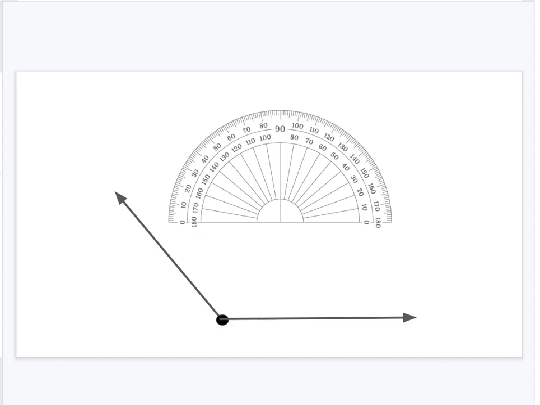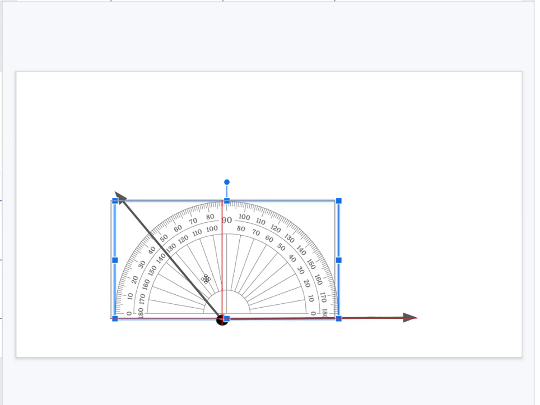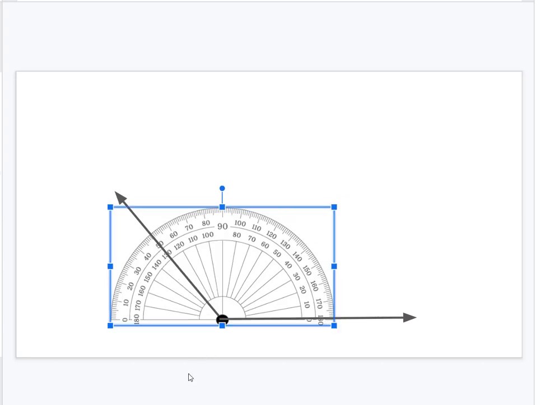So, how many degrees is this angle? You're going to have to click, hold, and drag it. So there we go. How many degrees is this angle? All right, as I place it there, how many degrees is that angle?